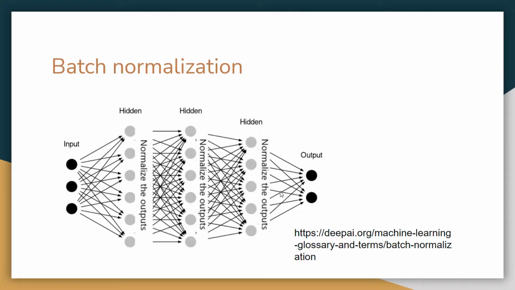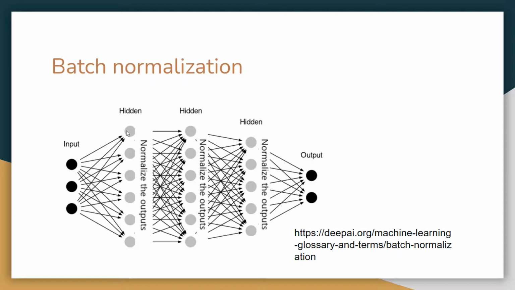Remember we said previously that standardizing your input data is a good idea, but another good idea is to standardize also, if you think about it, even the first hidden layer can be some form of an input and then an output.